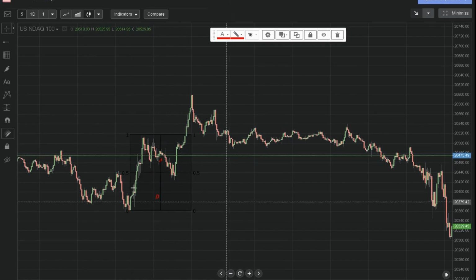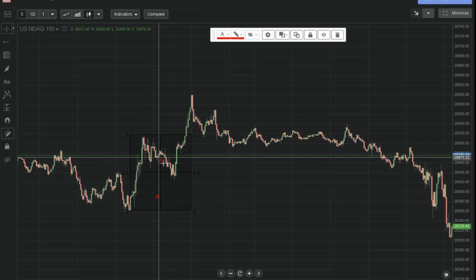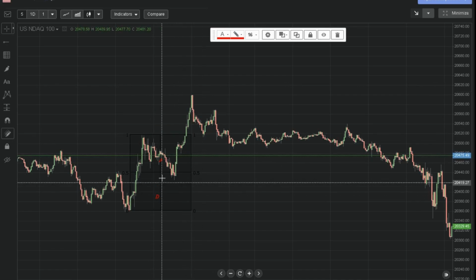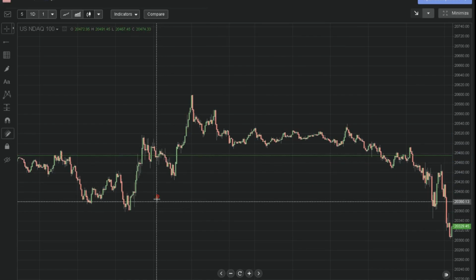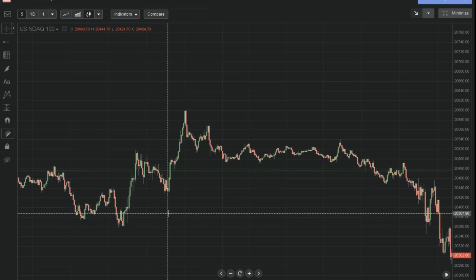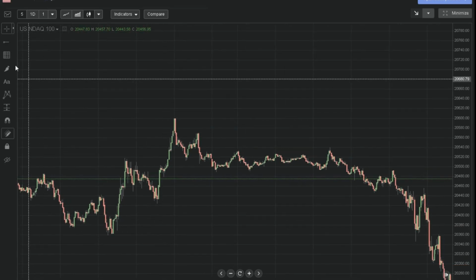As you can see, price tapped into this discount zone, broke the structure and rallied up. This is one of the confluences that I use in my strategy.